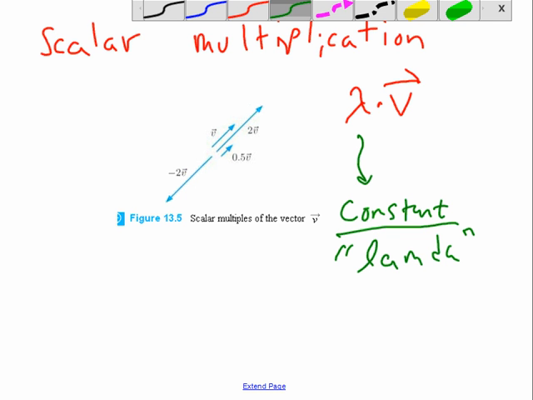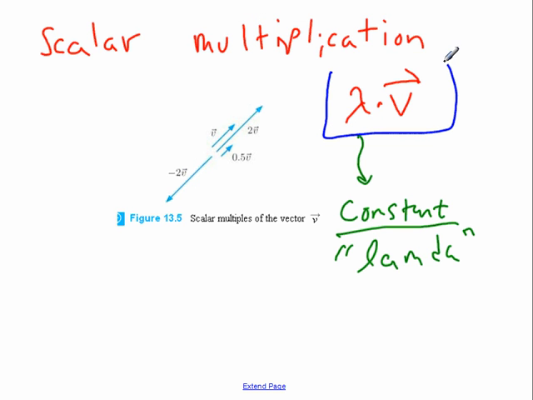All right, so I got a little distracted there, and back in the middle of talking about scalar multiplication. Just a quick recap. The idea is that you can multiply your vector by some scalar, and it keeps the same direction, but what it changes is magnitude.